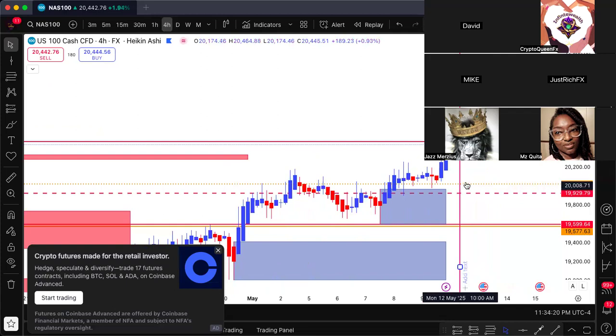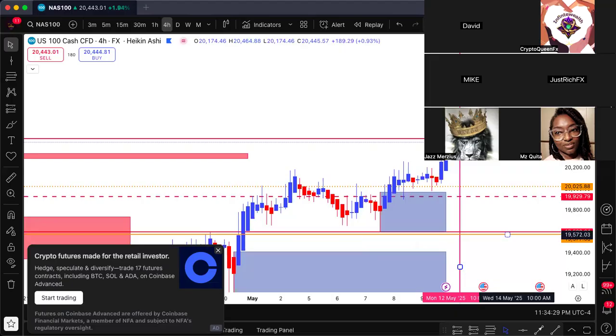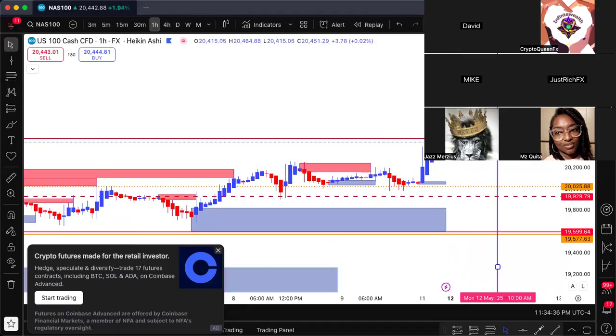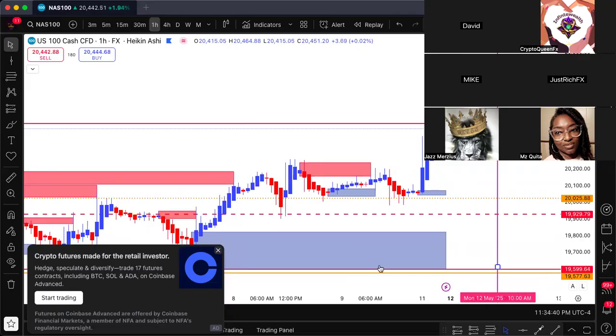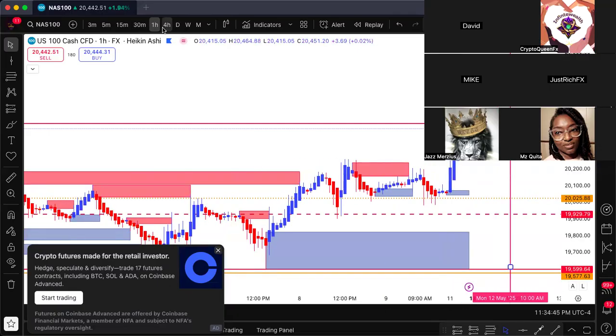I can post it more in the morning, but your stop loss would definitely be under this level. But I want to see where it's going to pull back to, just because this candle here is fresh and it's hovering around a weekly high. We would need a pullback for an entry.